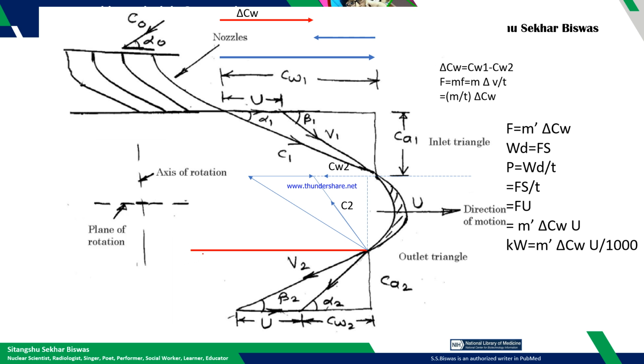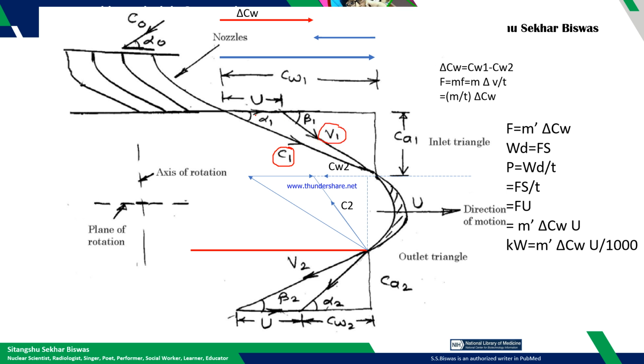One is the inlet velocity triangle, where C1 is the absolute velocity of the steam which is entering into the moving blade, and while the blade starts to rotate, the relative velocity of the steam is V1.